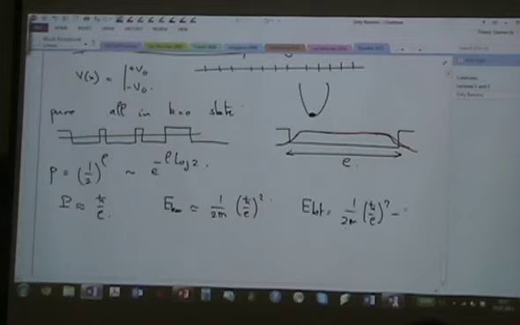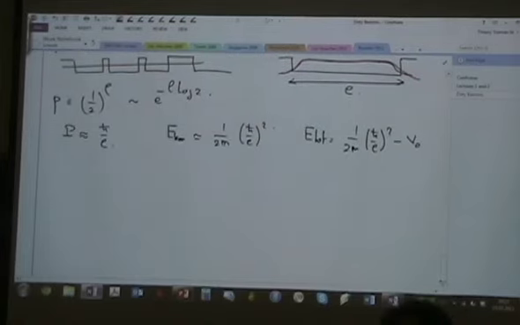So the total energy is this, 1 over 2m times h bar over L squared, minus V0. Now, it's very easy to check that if I give myself a V0, there is always a size L above which I will gain energy.